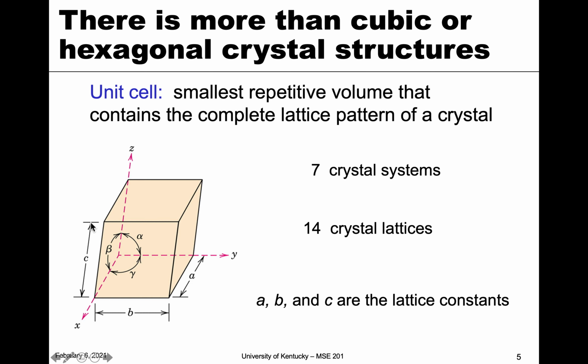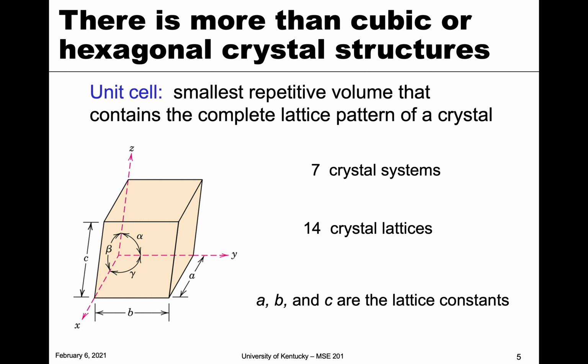And so here is a very generic unit cell, the most generic, where we have three lattice parameters: A, which we're used to, which defines the length of the volume along the x-axis, B along the y-axis, and C is the height or the length along the z-axis.